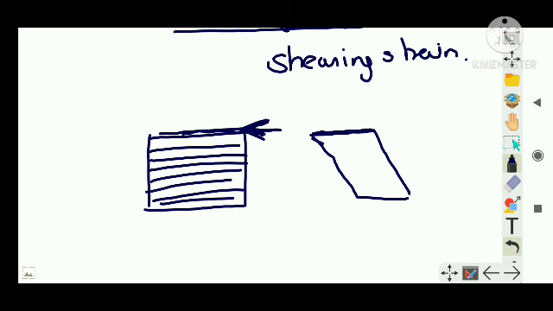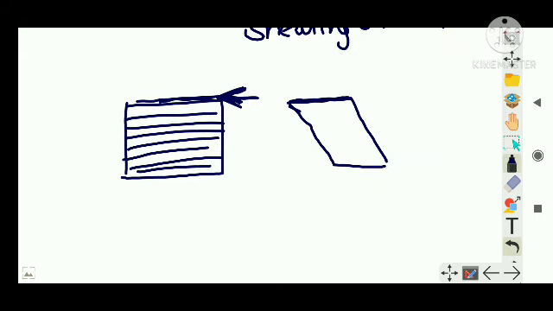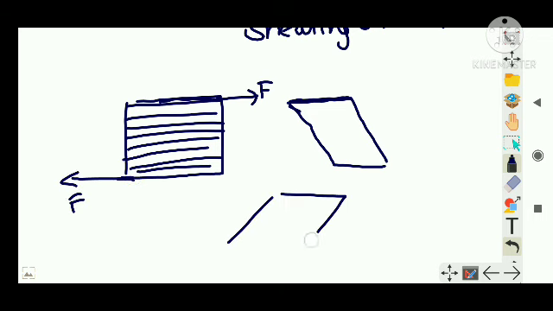Right? Clear? This is only at one end, right? So what happens if I'm applying one force here? Similarly, in the same example, let's say I'm redrawing it here. Let us say I'm pulling here, and here also I'm pulling, so this will be much more slanted like this, right?